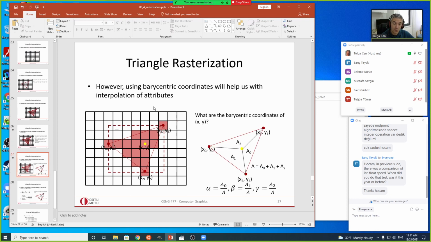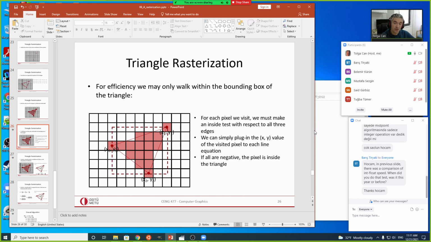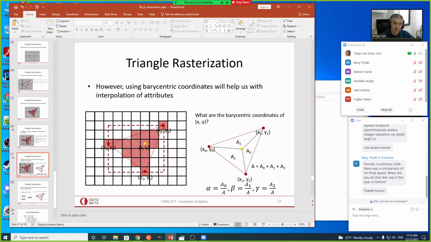And also, what about the interpolation of the attributes? When we have this pixel center, how are we going to interpolate the color values at the vertices for this pixel, for example, for this x, y? For that, we can revert to the barycentric coordinates. We have to use the barycentric coordinates for interpolation.